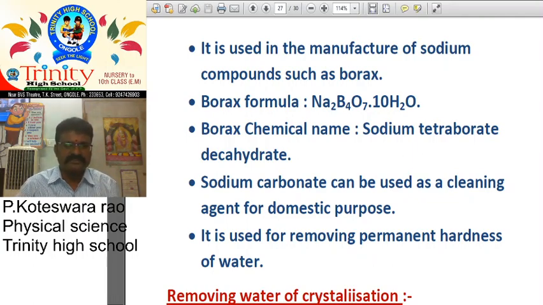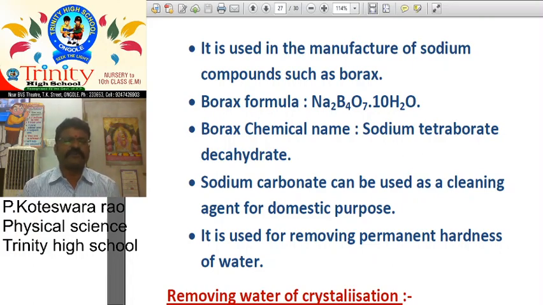Its chemical name is sodium tetraborate decahydrate. Na2 is sodium, tetra is 4, BO7 is borate, deca is 10, and H2O means hydrate.